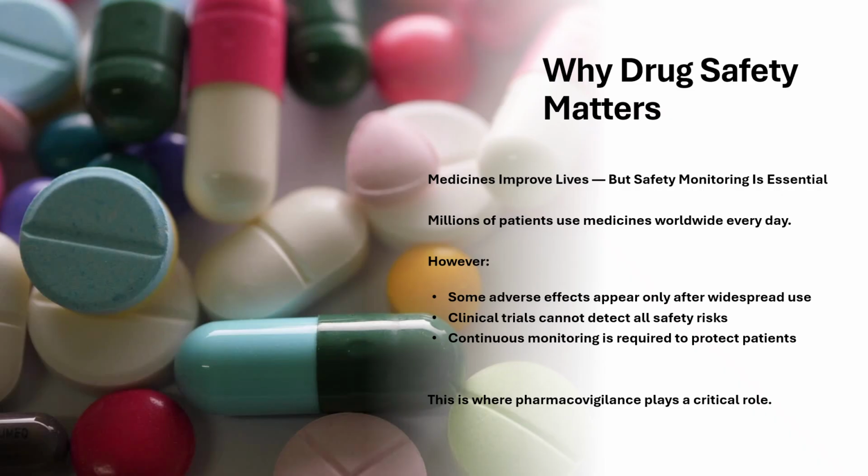As you can see on my screen, some of the adverse effects appear only after widespread use. When we conduct the clinical trials, that is before the drug is marketed, the adverse effects are monitored, right? The safety and the efficacy of the drug is monitored, although that is already done at that stage.